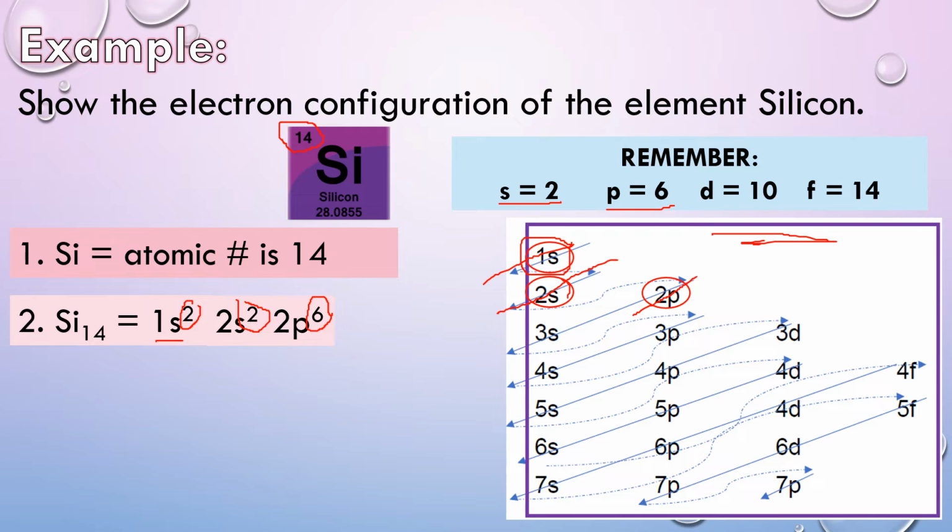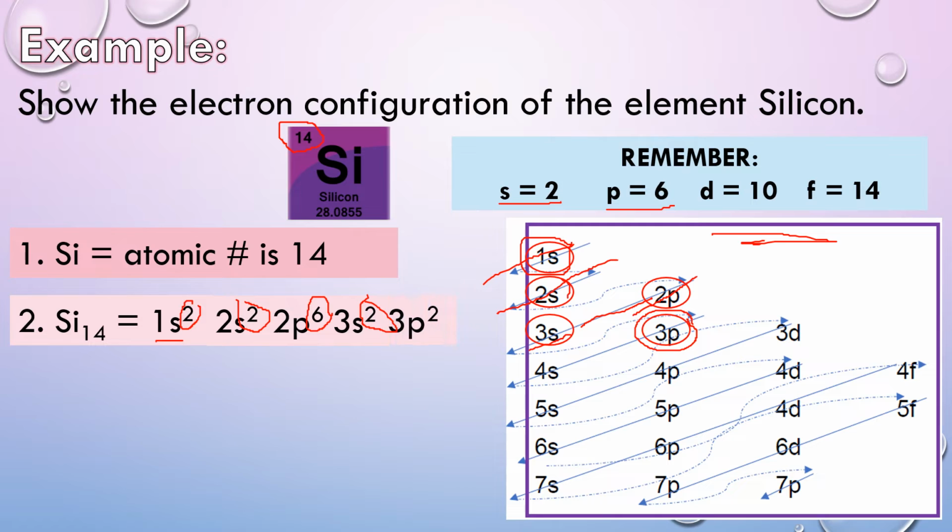After ng 2p, tingnan natin sa arrow, ang next niya is the 3s. So, we will write 3s, 2. Yan. After that, the 3p. So, tapos na tayo dito sa 3s. So, another arrow na naman yan. Dito naman nagsisimula sa 3p.